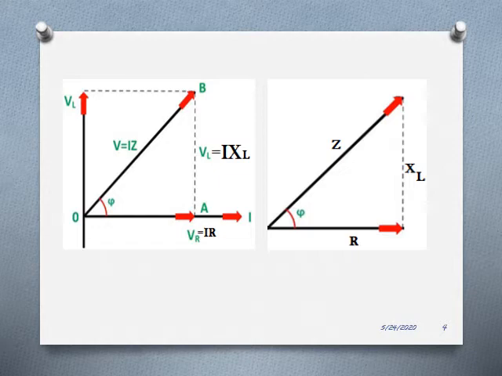It is 0 degree. The phasor diagram is shown. Whereas in the case of pure inductor, we already learned that the voltage will be leading the current, or current will be lagging the voltage by an exact 90 degree.